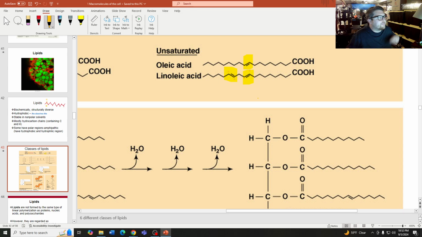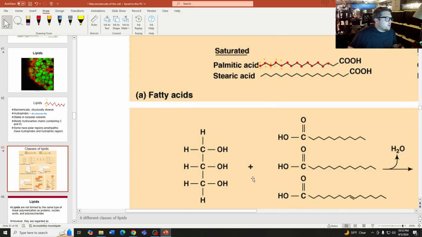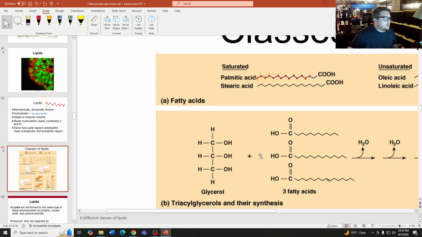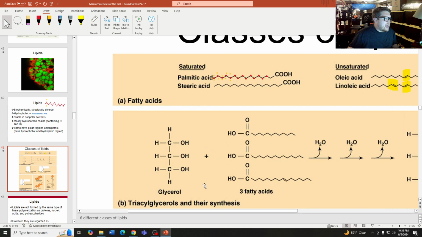So it's not fully saturated like these saturated fats, thus the name. We also have, and those are our fatty acids.